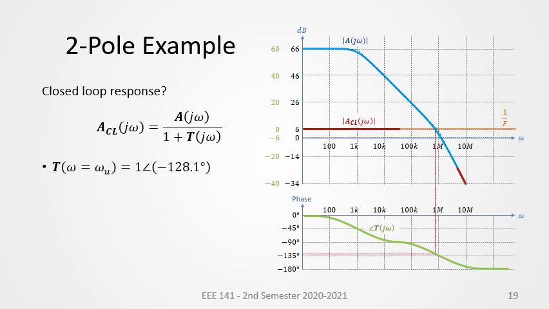Let's look at the exact unity gain frequency. At this point, the phase of the loop gain is negative 128 degrees, which can be computed from the presented exact phase margin in the previous slide. The denominator 1 plus T of j omega can be visualized using vector addition in the complex plane.